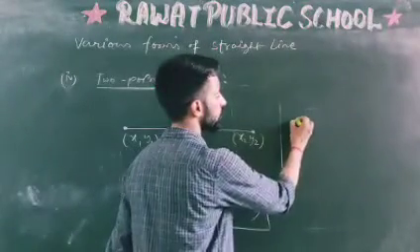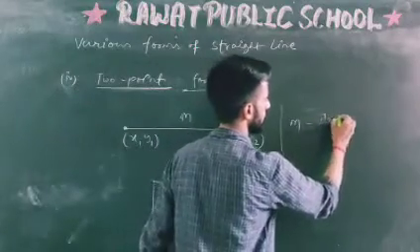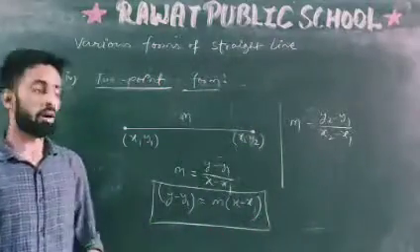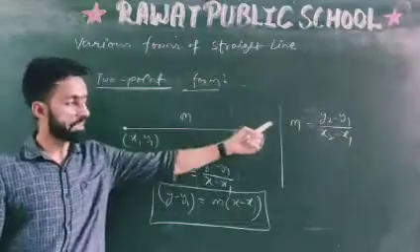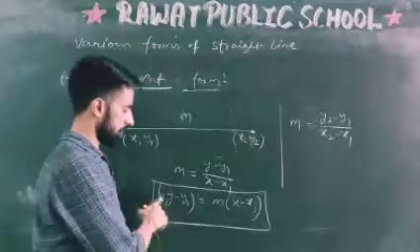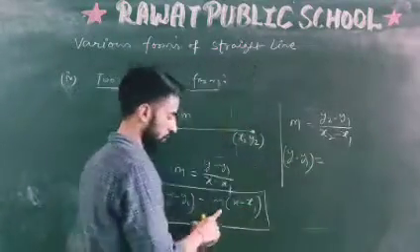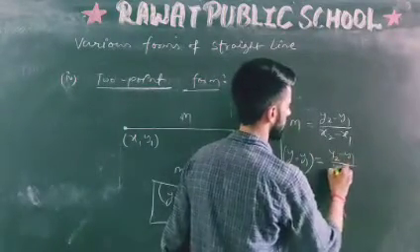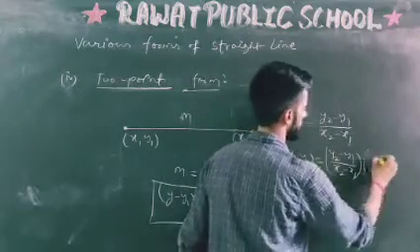The slope of the line is y2 minus y1 upon x2 minus x1. Now we have the slope as well as one passing point. We can put that value of m here. In that case, the equation will be y minus y1 is equal to m, the m we have found, which is y2 minus y1 upon x2 minus x1, times (x minus x1).